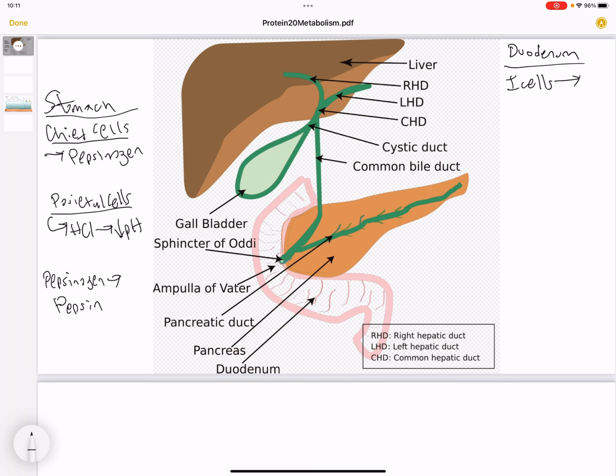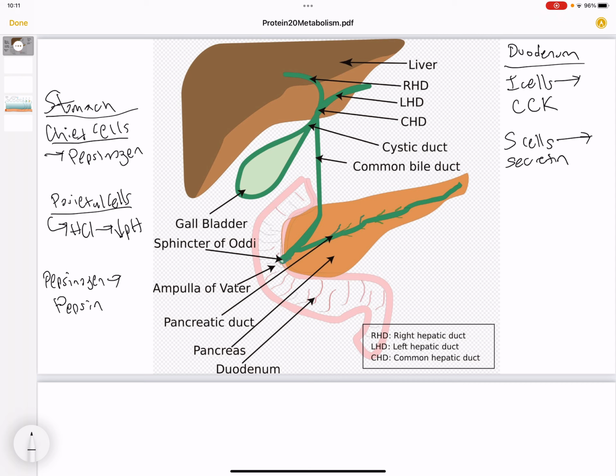These I cells are going to produce cholecystokinin, which is a hormone that is going to play a big role in the metabolism of fats. We also have S cells. These S cells are going to produce the hormone secretin.